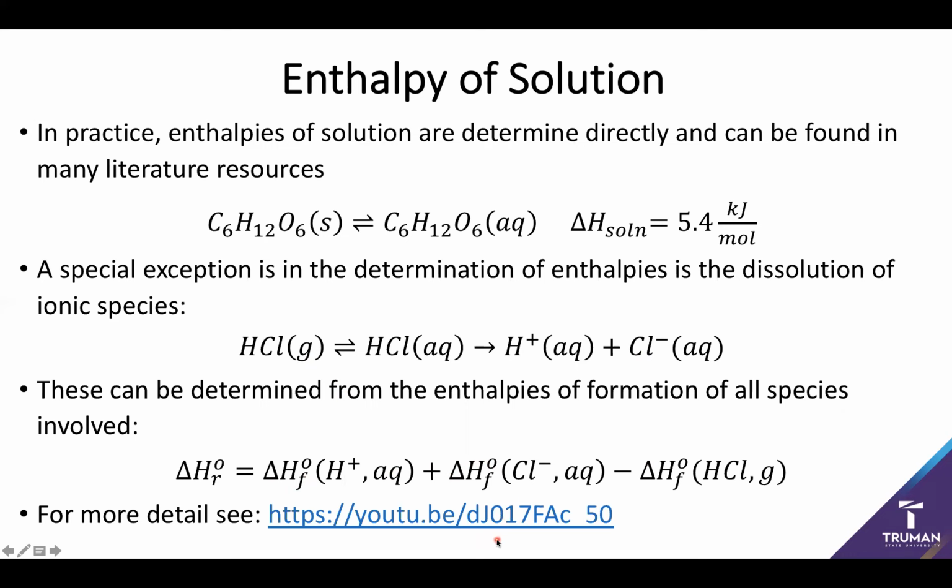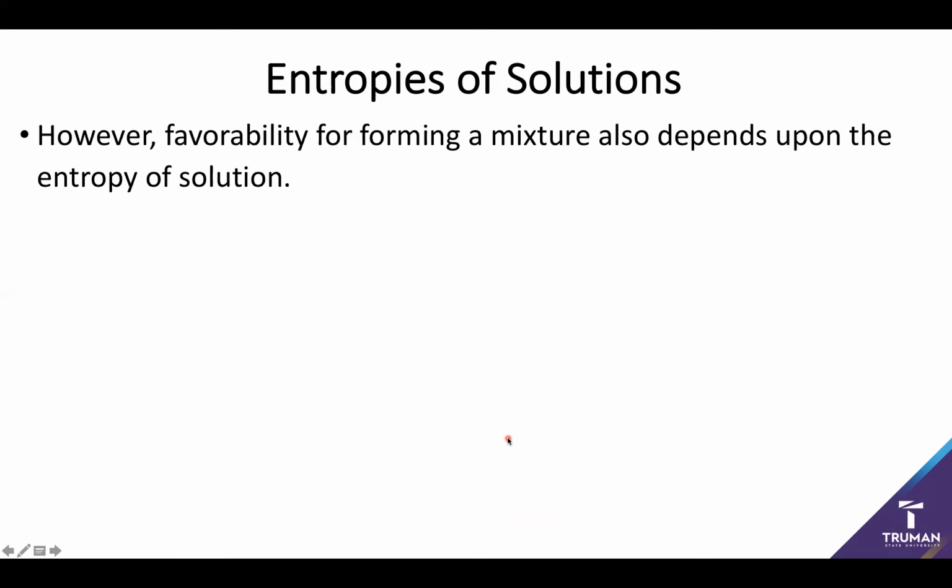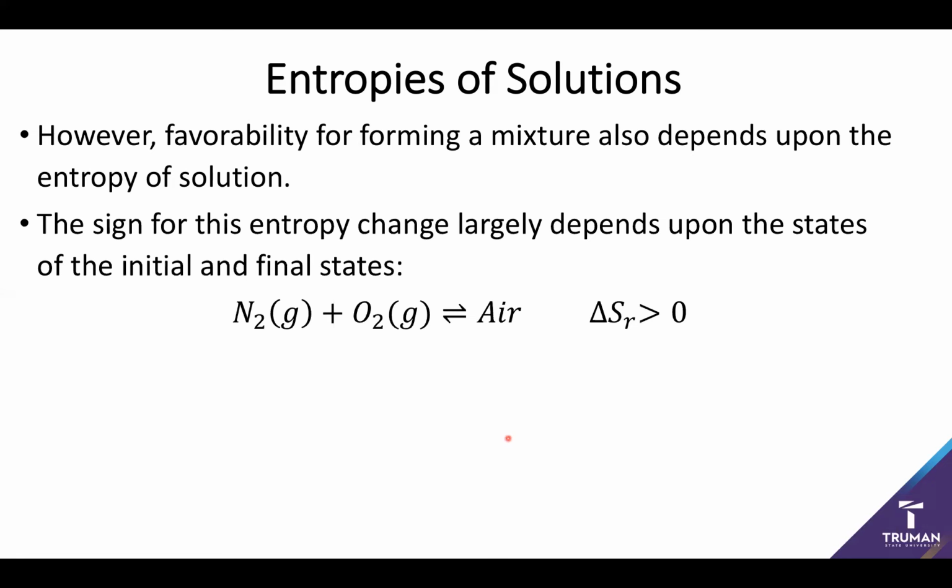However, it turns out enthalpies don't determine everything. We also have to take into account entropies. So if I'm mixing together two substances, I need to also figure out, in addition to am I making or breaking, making good bonds and breaking bad ones, is the system becoming more or less disordered? And so this is largely going to depend upon the initial and final states of matter.